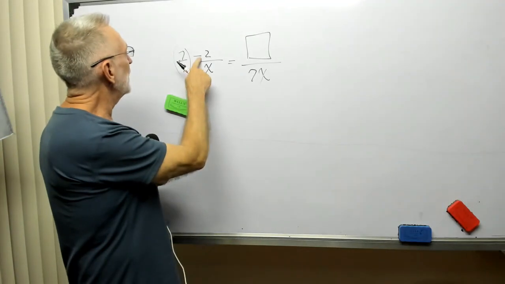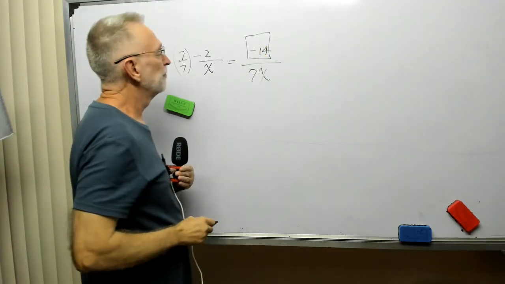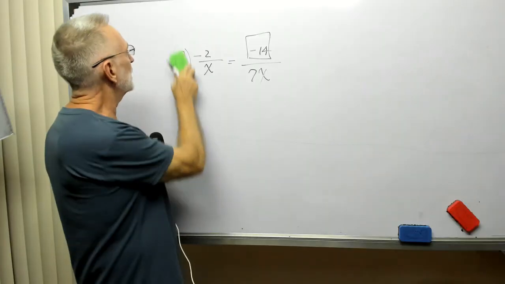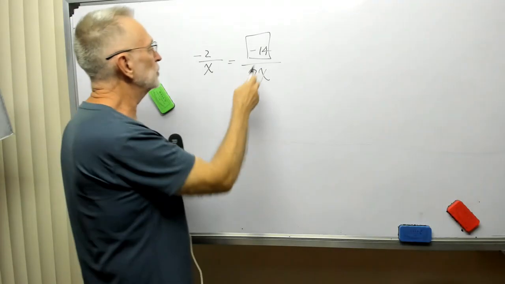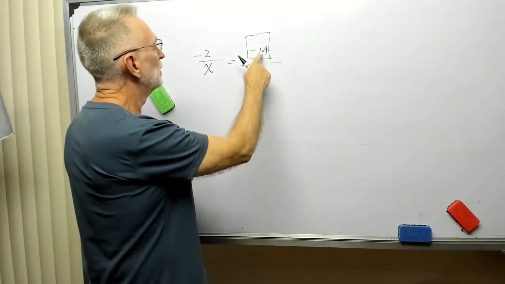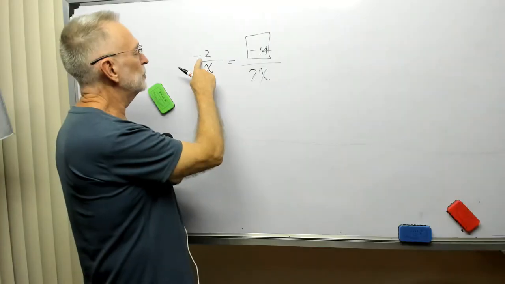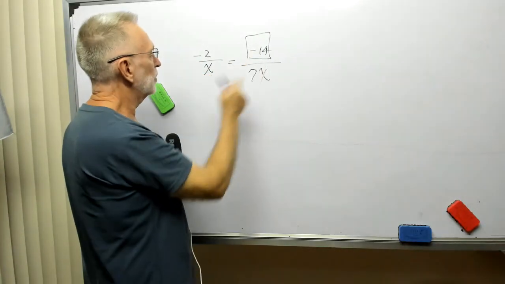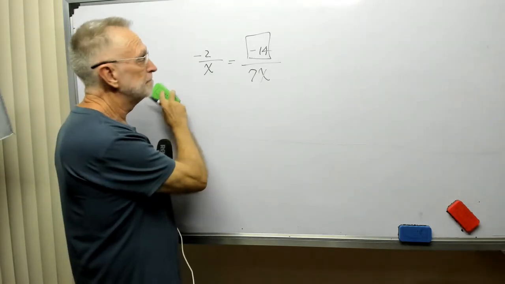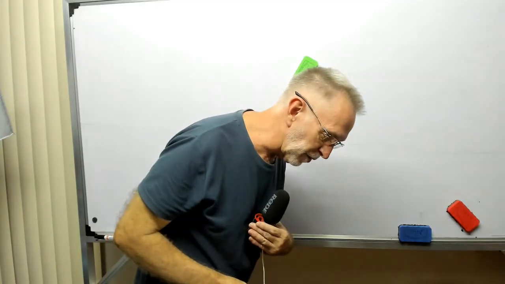Yay. -2 times 7 is -14. So -14 is equivalent to -2/x. Let's just see if it is. Okay, -14 divided by 7 is -2. Okay, so -2/x. Nothing to it. We're gonna get some harder ones in a moment.